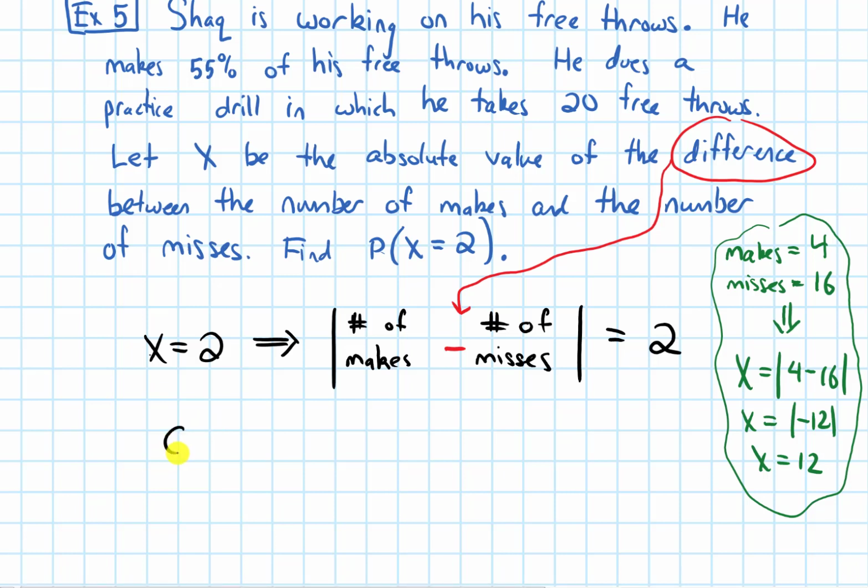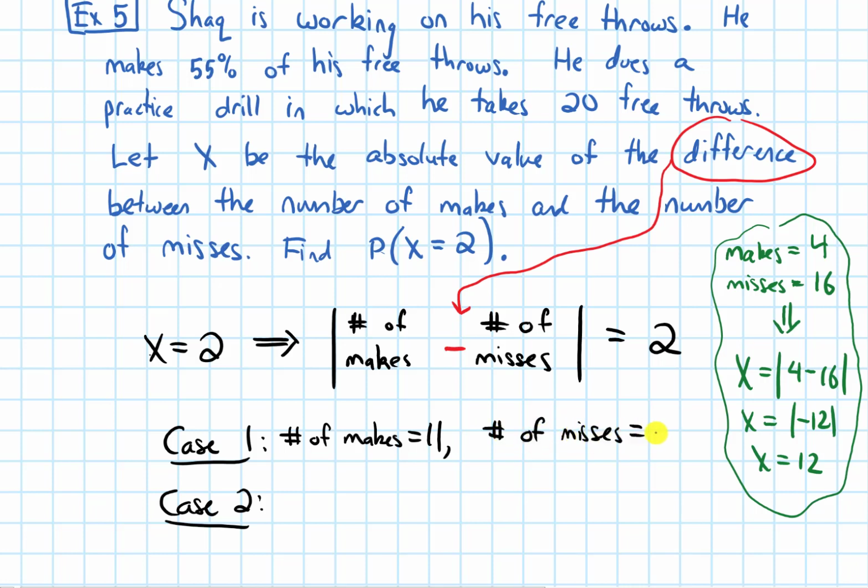As I was alluding to earlier, there are two cases that make this happen. One way is if the number of makes is 11 and the number of misses is 9. When I subtract, I get 2, and the absolute value of that is still 2.